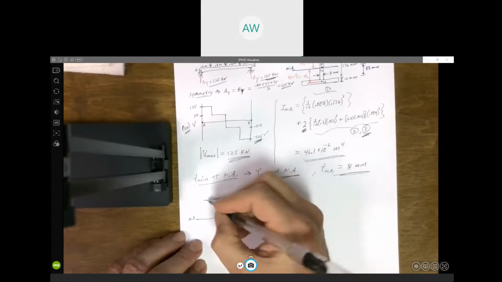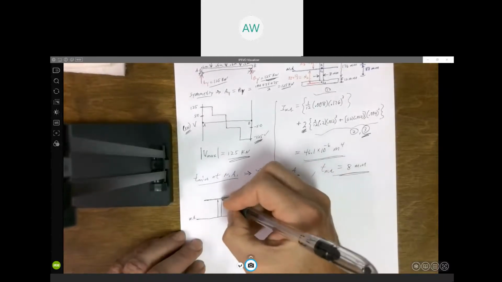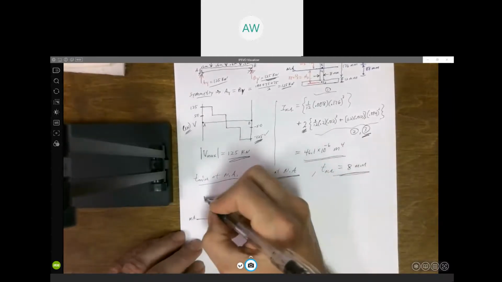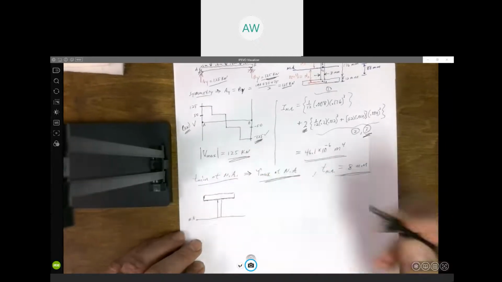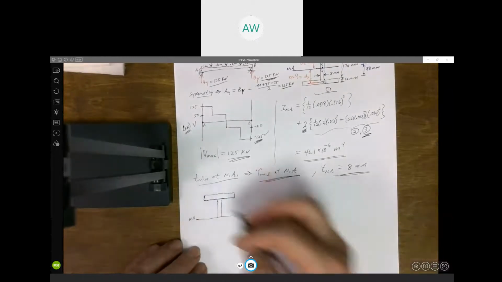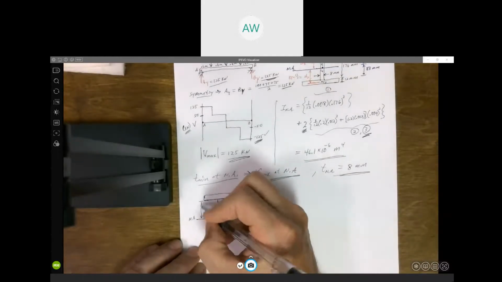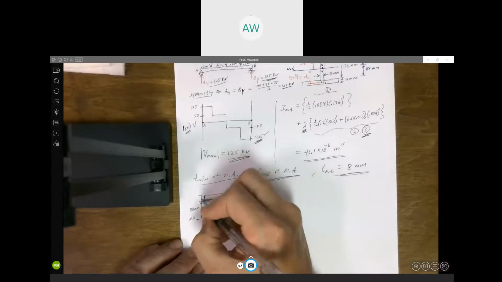And I'm just drawing everything above. So everything above the neutral axis. This is 88 millimeters. This is 12 millimeters.